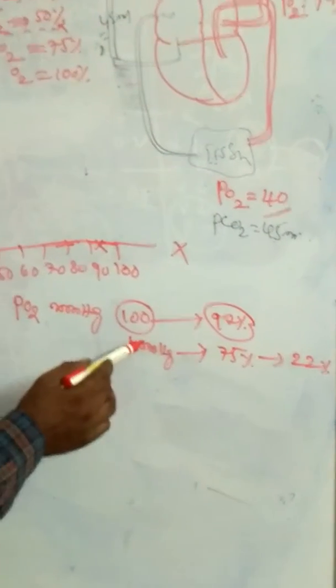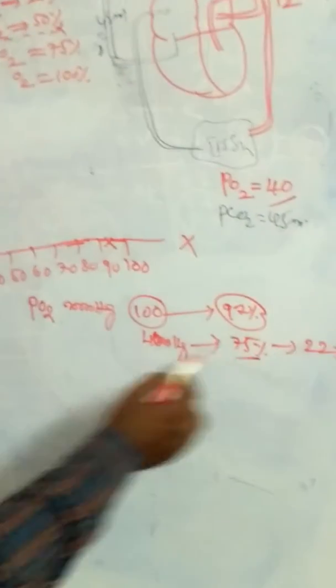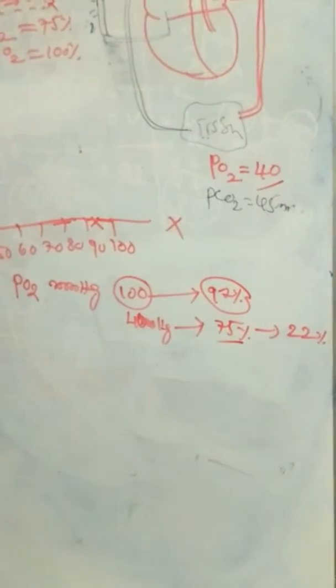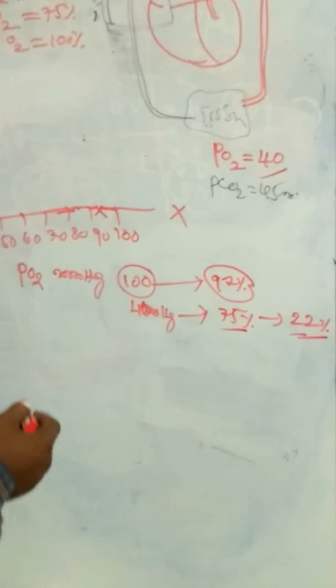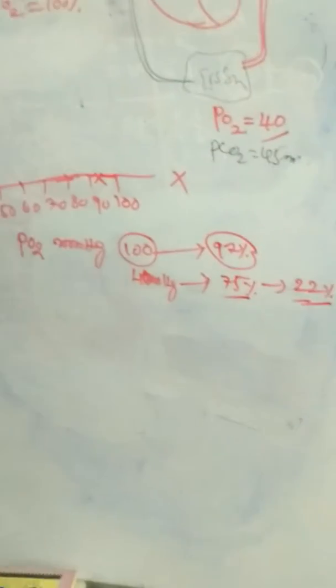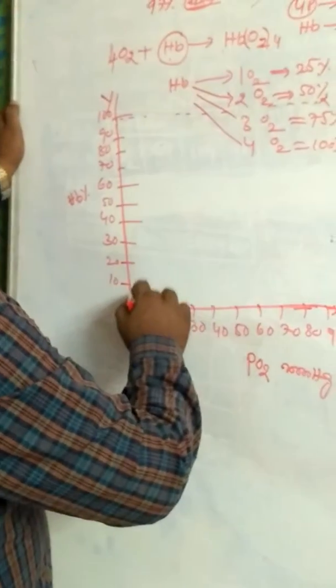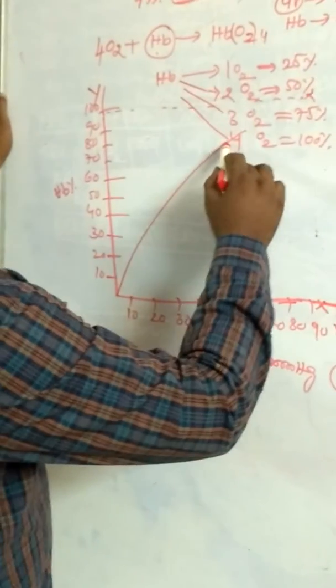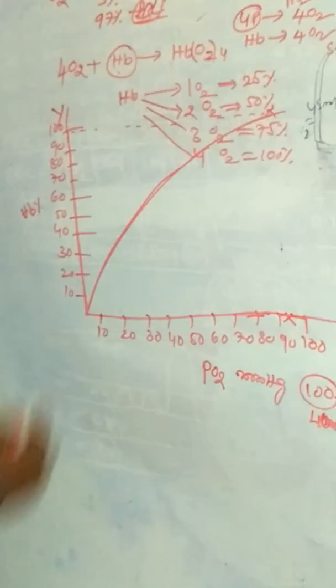Delivery of oxygen, the dissociation of oxyhemoglobin, is 22%. This is the oxygen hemoglobin dissociation curve. It is a sigmoid curve.